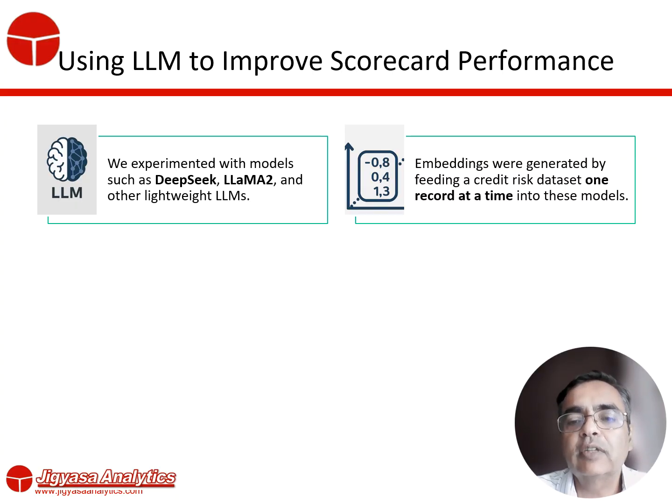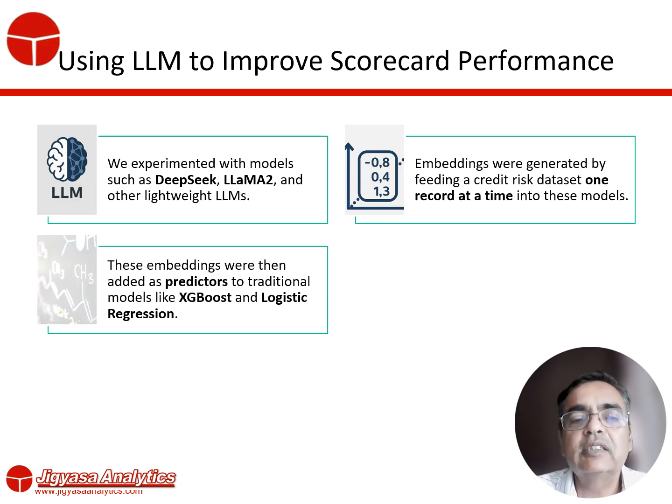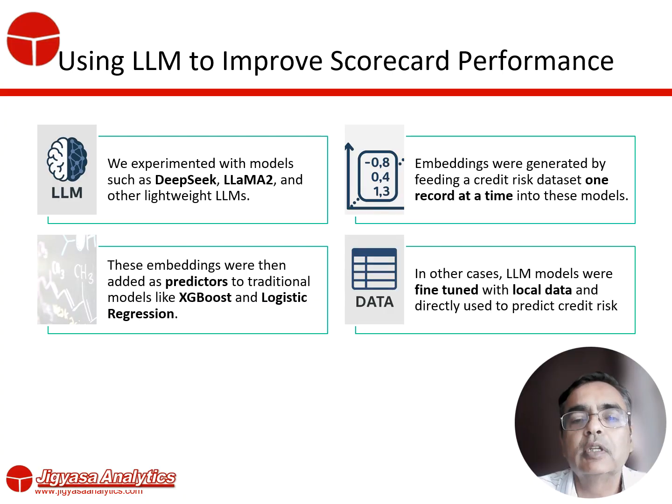A credit risk record was fed one record at a time, and we generated the vector embeddings from the large language model. Then these embeddings were extracted and fed to a traditional model like XGBoost or logistic regression, along with the other standard predictors we would put in a credit risk model.